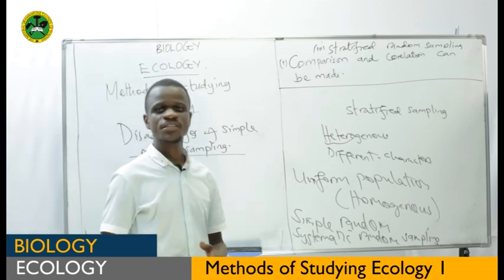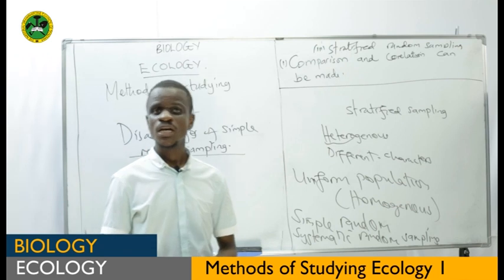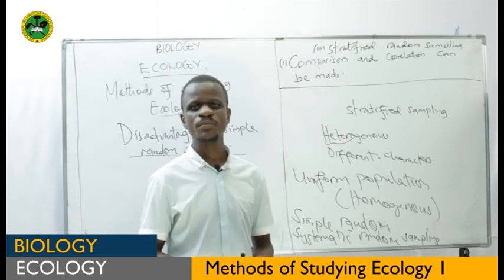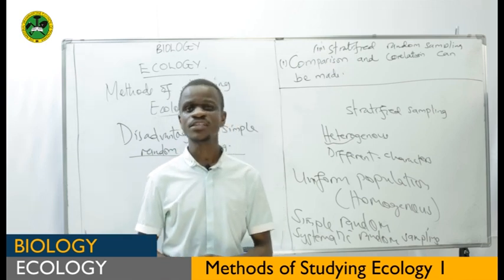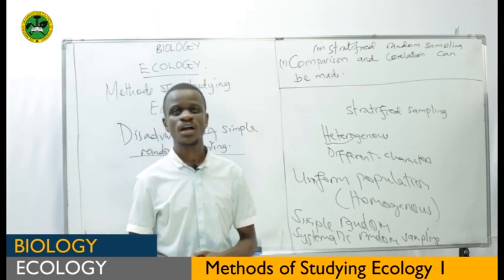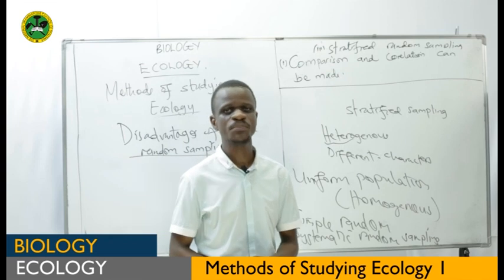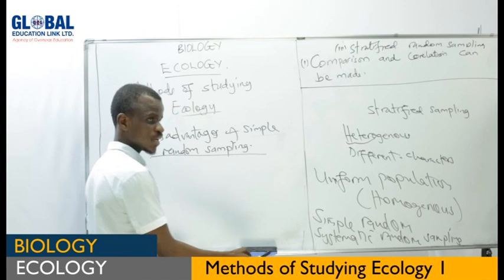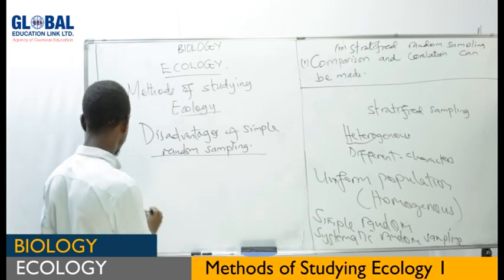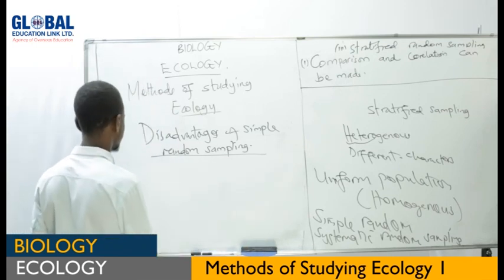At the beginning I said in simple random sampling, every member in a population has an equal chance of being selected. Therefore here, a researcher can miss getting a correct representative sample. A researcher may fail to get correct representative members.